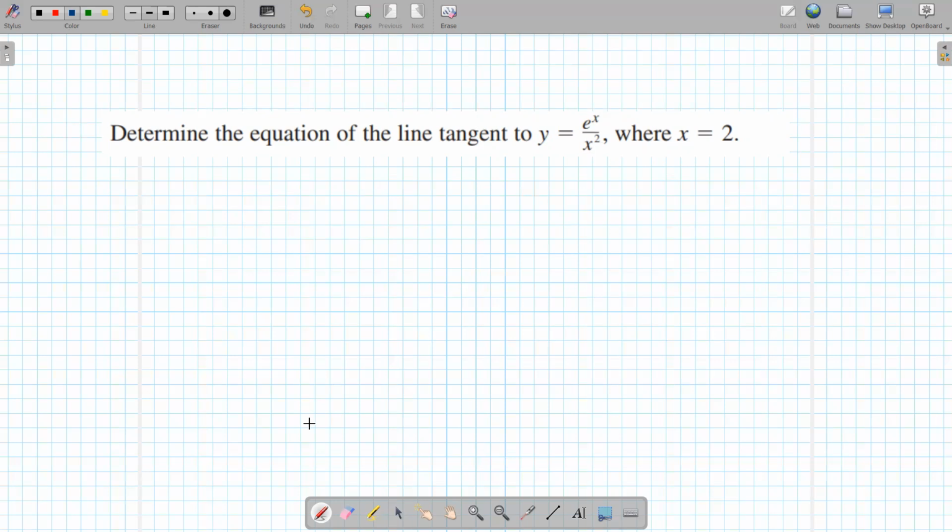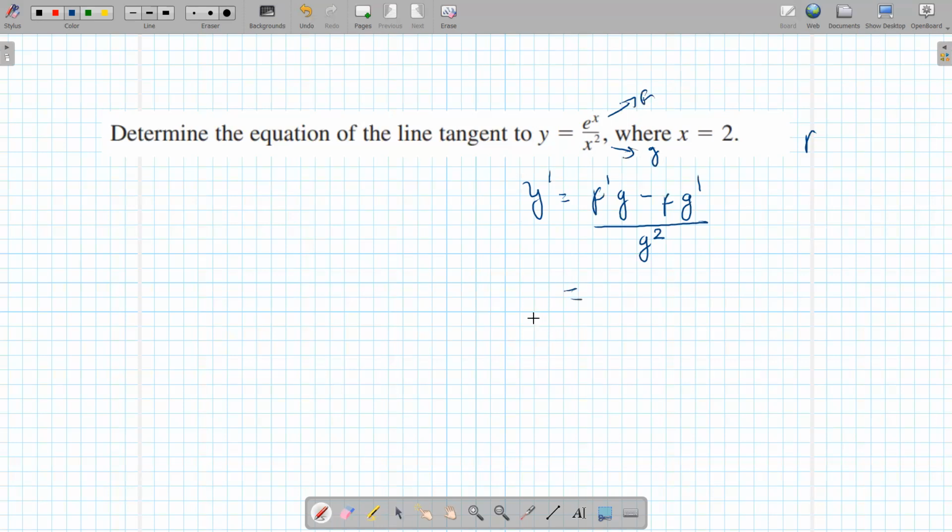When you get something over something, it is going to be a quotient rule, which says this. The top one is going to be f, the bottom one is going to be g. Quotient rule says y prime is very, very similar to the product rule, except with a minus in the middle. And then you take the original denominator, g, and then you square it. That is the quotient rule. Okay? This is f, this is g.